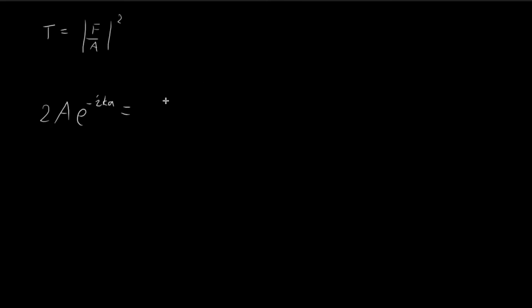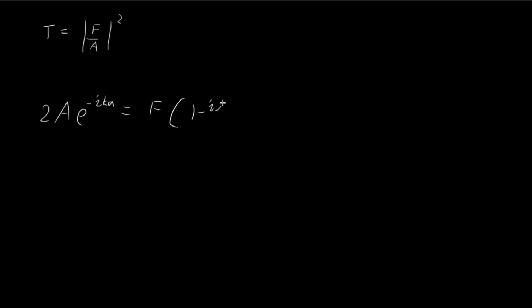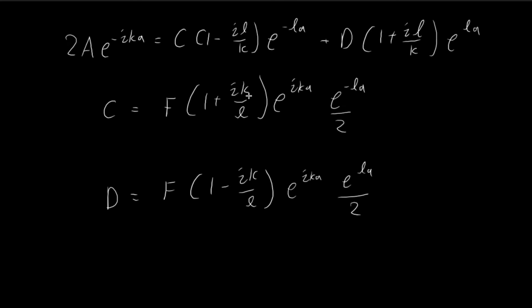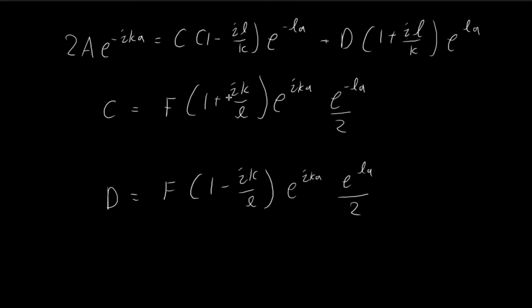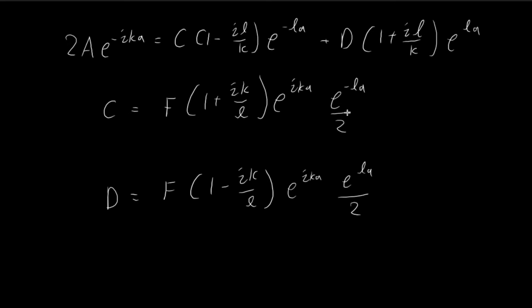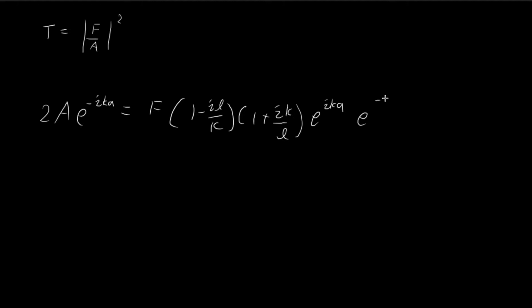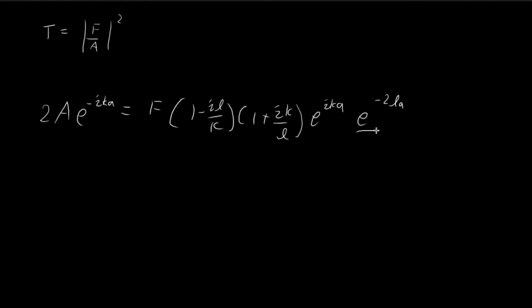So first of all we have a f, and then we have 1 minus il divided by k, and then we also have this expression 1 plus ik divided by l, so we have substituted in this expression, and then we also have an e to the power of ika, and then we also have two of these e to the power of negative la's, so we have e to the power of negative 2la, because we have two of them, they just multiply together, and then divided by 2.